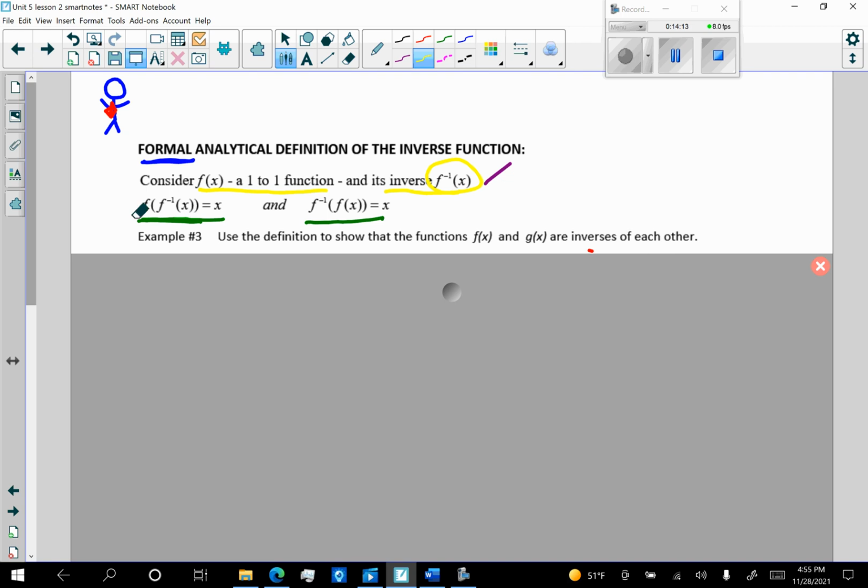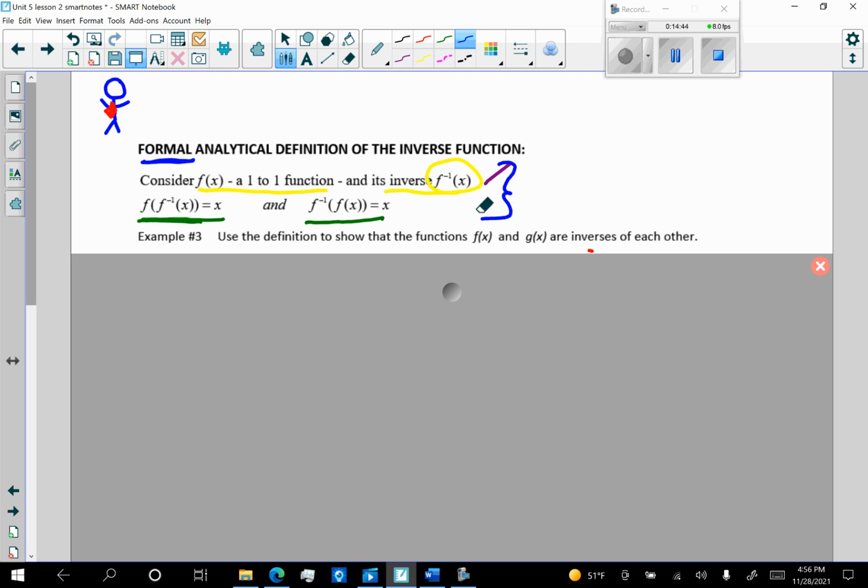Here's the analytical definition. If f of f inverse equals x, and f inverse of f of x equals x, that tells me that f and f inverse are inverses of one another. And this is probably going to be the most difficult thing that we do about inverse functions.